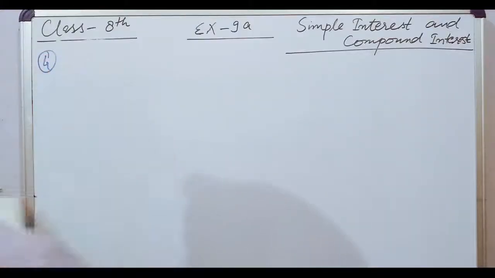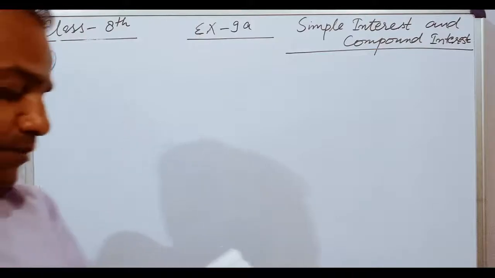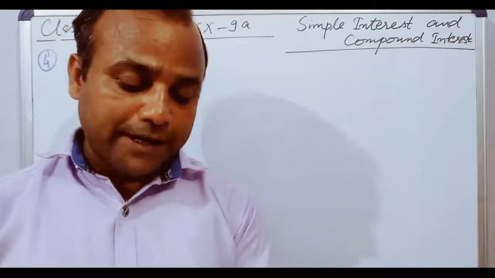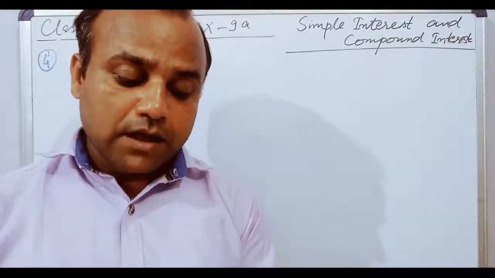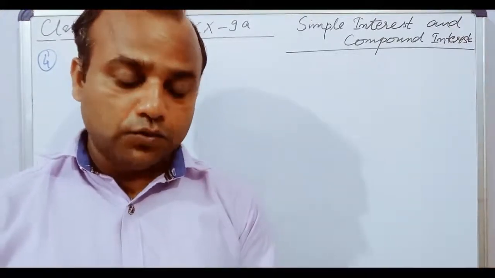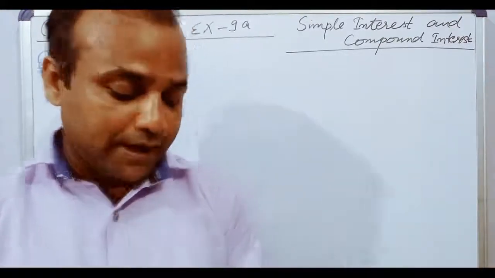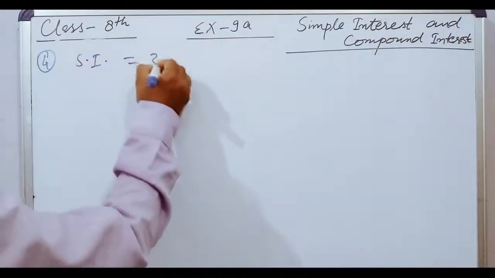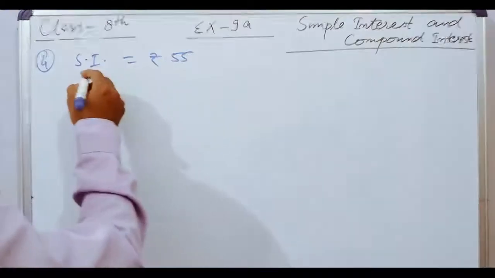Question number 4. Find the principal on which a simple interest of rupees 55 will be obtained after 9 months at the rate of 3 whole 2 upon 3% per annum. So simple interest SI equals rupees 55.